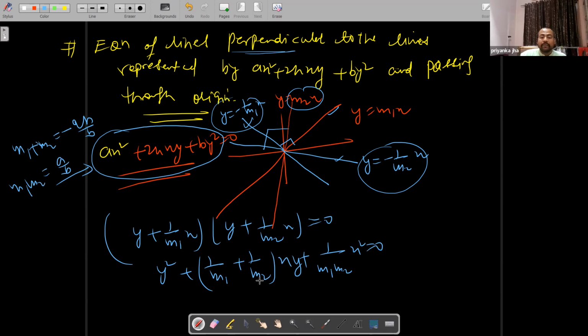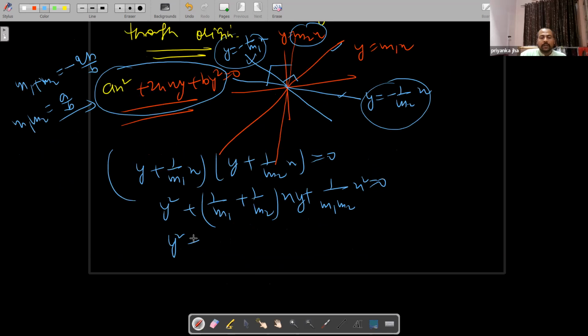Just use this here, like we do in a quadratic equation. If you take the LCM, 1 by m1 plus 1 by m2 becomes m1 plus m2 by m1 into m2. In the numerator, m1 plus m2 is minus 2h by b, upon m1 into m2, that is a by b. That is xy, plus 1 by m1 into m2, so 1 by a by b, it will become b by a into x square equal to 0.